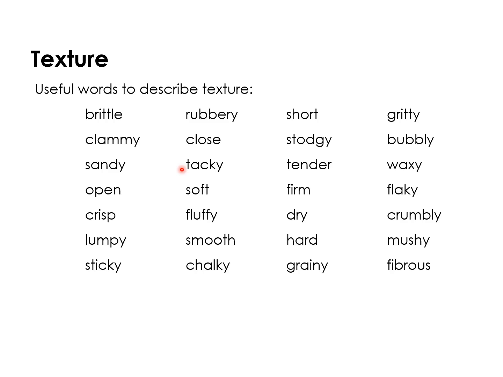Tender, a soft texture that easily yields under pressure and is often desirable in cooked meats or baked goods, so that you call tender meat. And waxy, a smooth texture that is firm but slightly pliable and shiny, like the surface of a waxed apple.